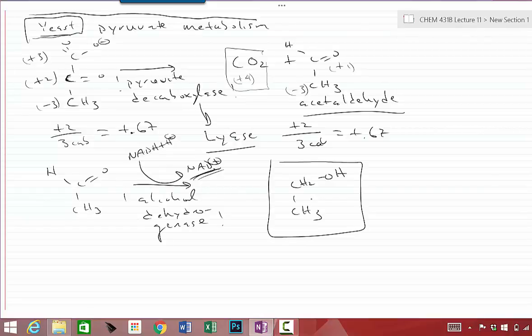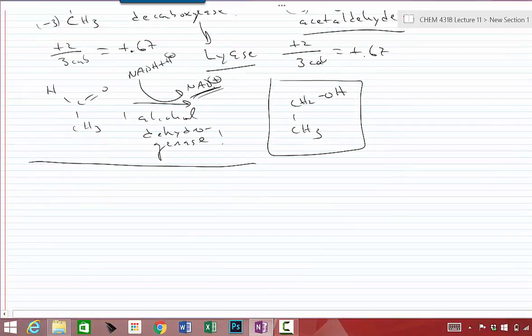Next, I want to talk about another, actually before we go on to that, I'm going to talk about these things called radio labeling experiments. I told you near the end of last lecture that there is this way that organic chemists would radio label the glucose so that they could trace where the different carbons were coming from in the products.